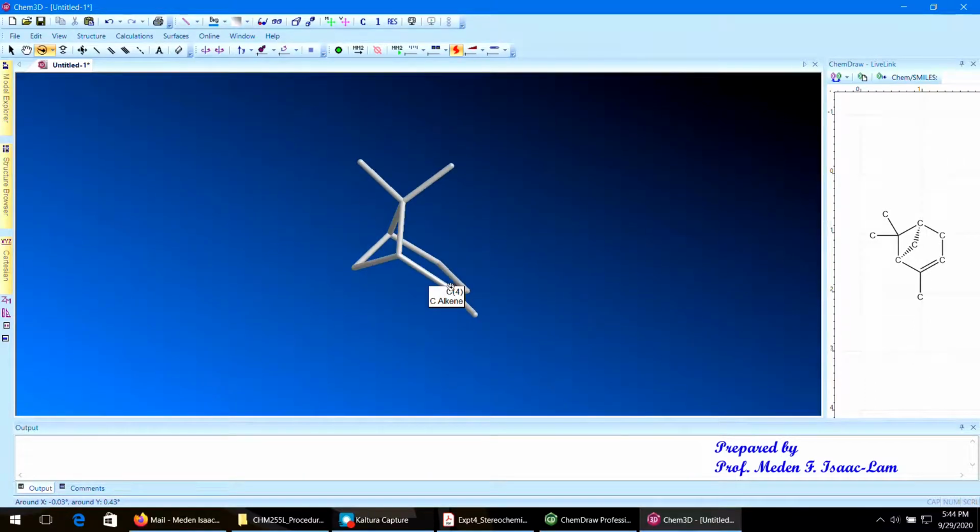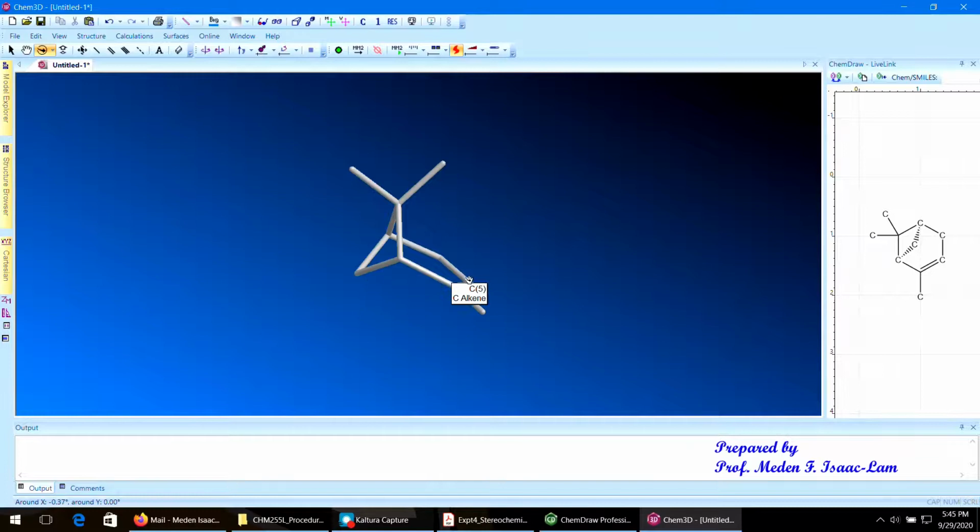If I hover the mouse here, this is the double bond. This is the alkene. So it's flat. As you can see, it's not entirely a chair. It looks more like a half boat or an envelope kind of structure because of the cyclobutane in the bicyclic structure of this molecule.